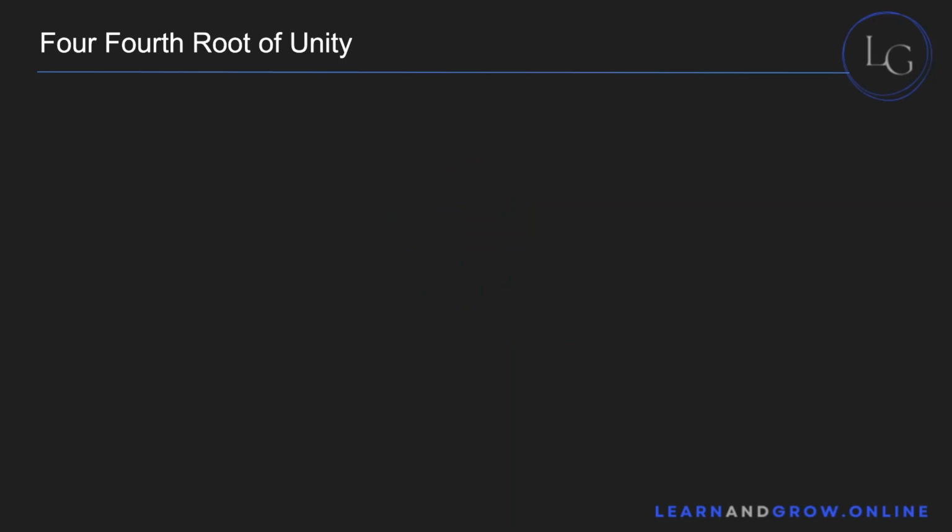Now, we'll find the fourth roots of unity. We discussed previously how we could find the three cube roots of unity. Now we'll find the fourth roots of unity. So what that basically means is when x is equal to the 4th root of 1. The procedure here is more or less similar to how we find the cube roots of unity.